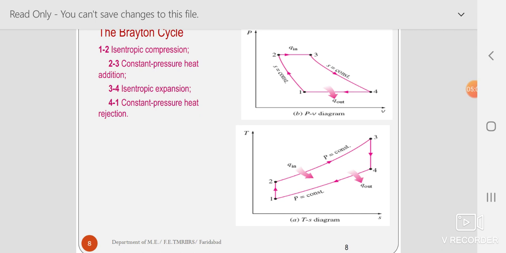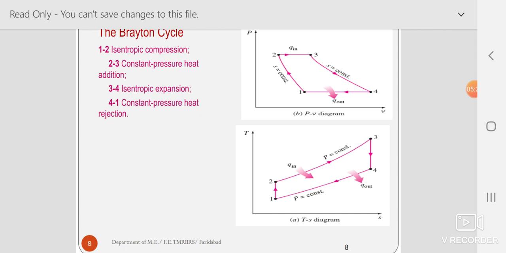You can understand, when there is compression, there is rise in temperature. When there is expansion, there is fall in temperature. These are general phenomena of science. Following this, during 3 to 4, the temperature and the pressure both drop. It's clear from the PV diagram and TS diagram here. 3 to 4, drop in pressure, where S is equal to constant.